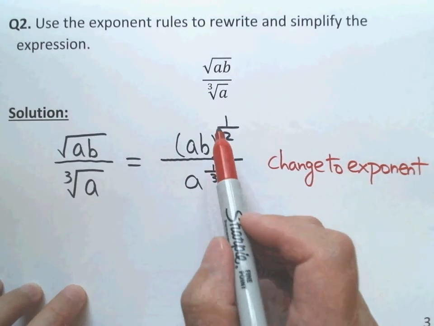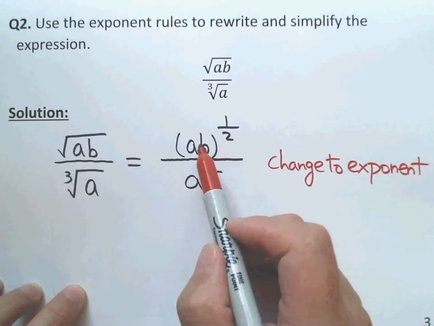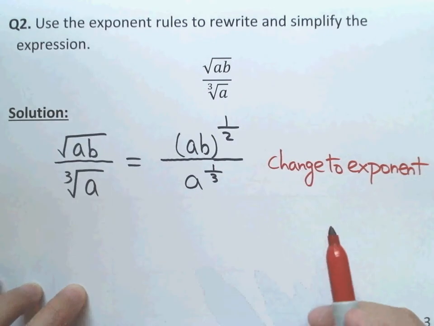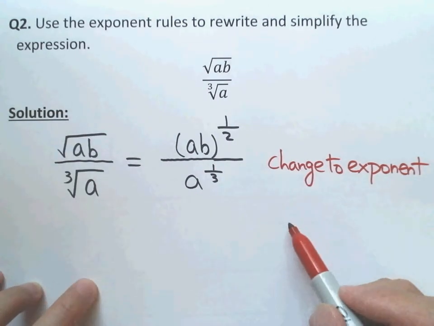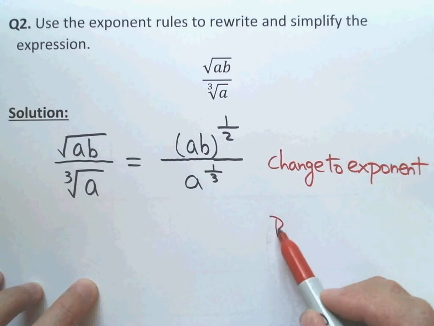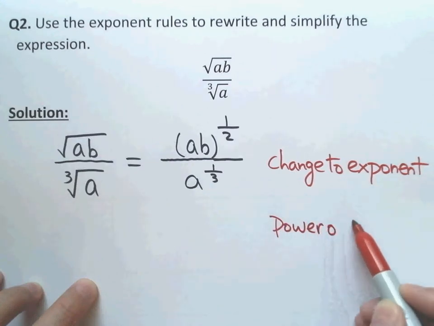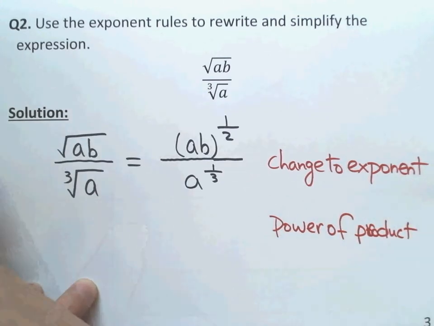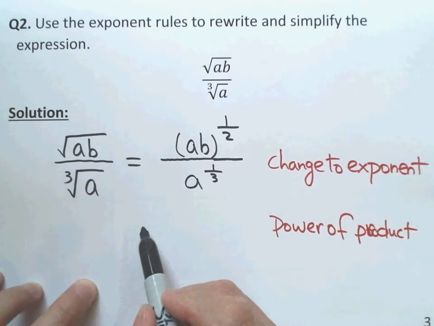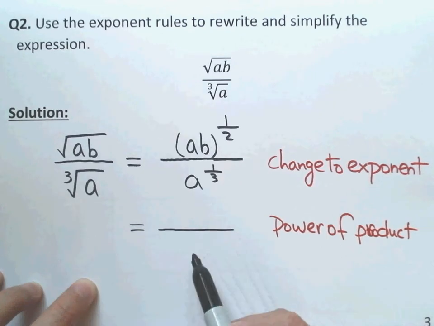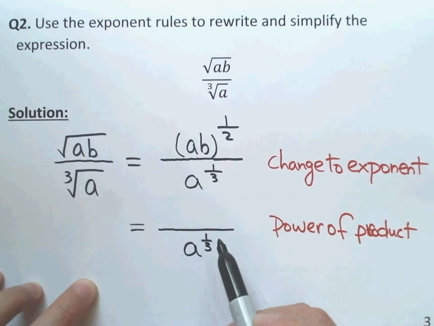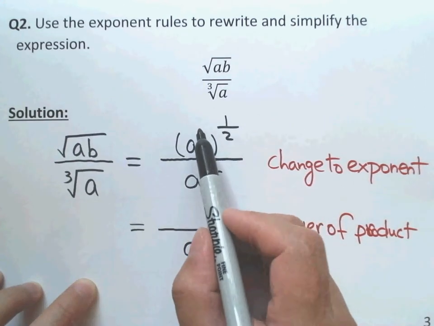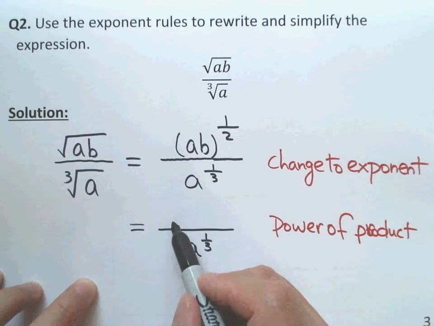What's the rule? We look at the numerator first. This is a product raised to a power, called the power of a product, so we use it. The denominator we just copy. For the numerator, we distribute the power to a and distribute the power to b.